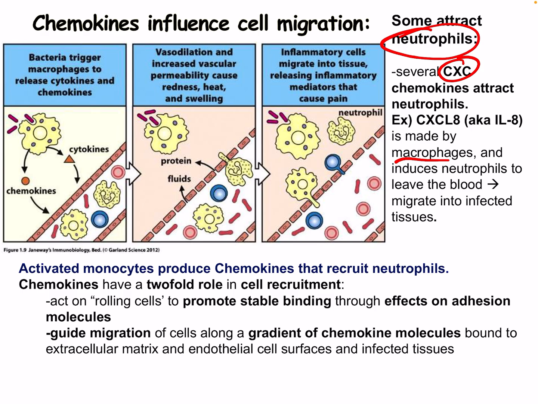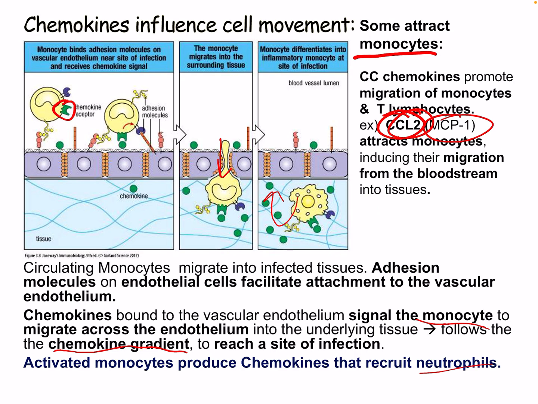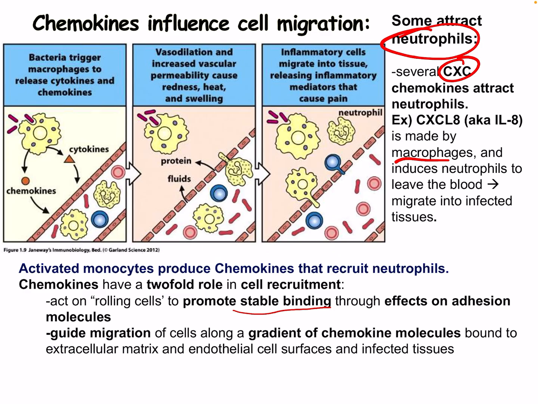They can act on rolling cells to promote stable binding through effects on adhesion molecules, and they can guide migration of cells along a gradient of chemokine molecules bound to extracellular matrix and endothelial cell surfaces in infected tissues. As we looked at in the last figure, these chemokines can also work in the binding of the cells on the endothelium, but they also work in cell signaling in the chemoattracting activity.